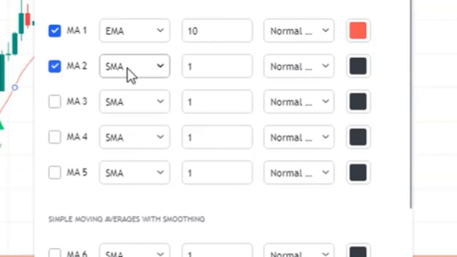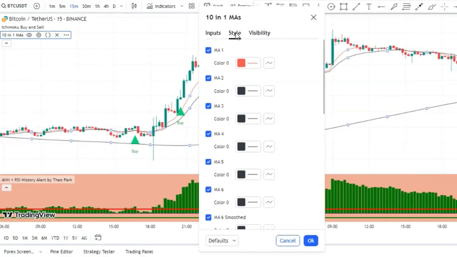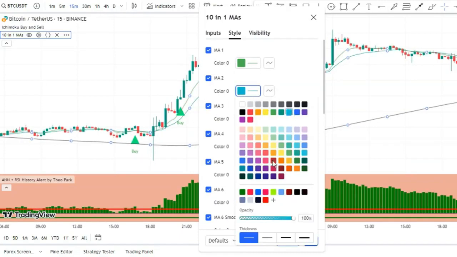Then activate MA2, again select EMA, but this time with a period of 20. And for MA3, select SMA as the method and set the period to 200. Then go to the Style tab and customize the line colors and thicknesses.